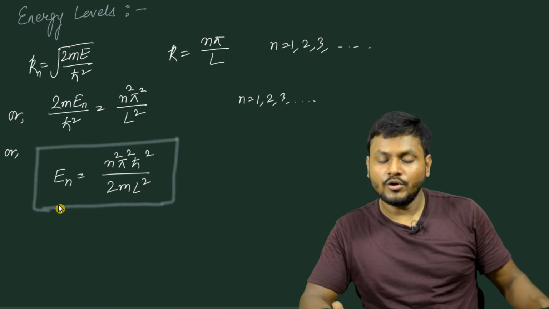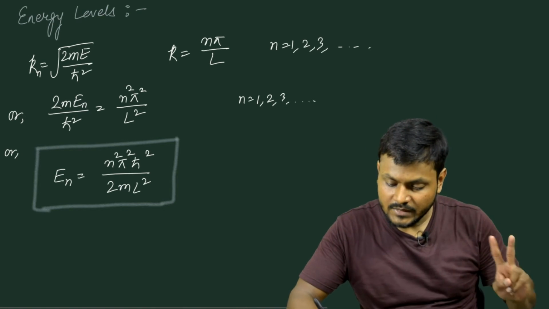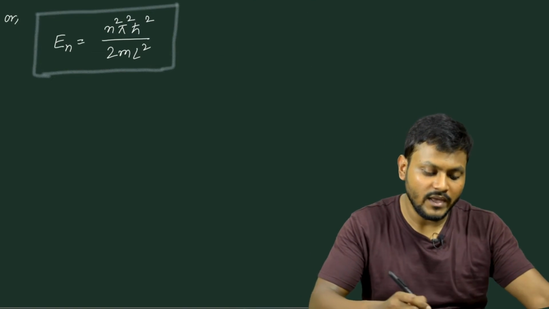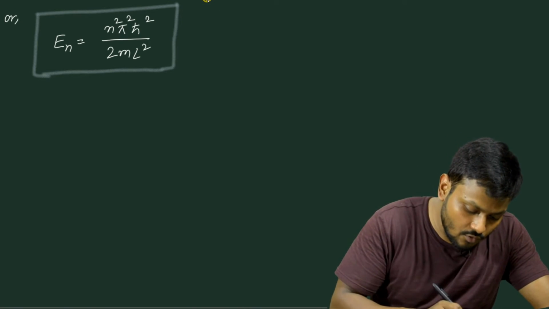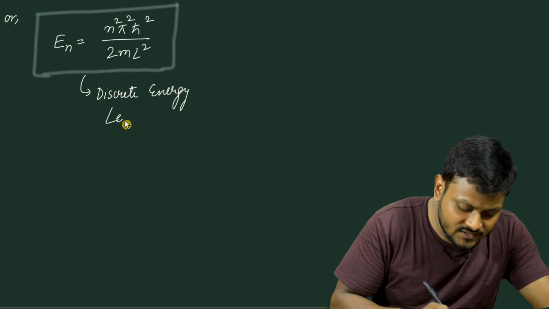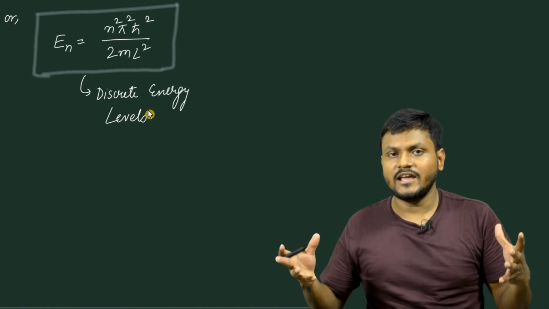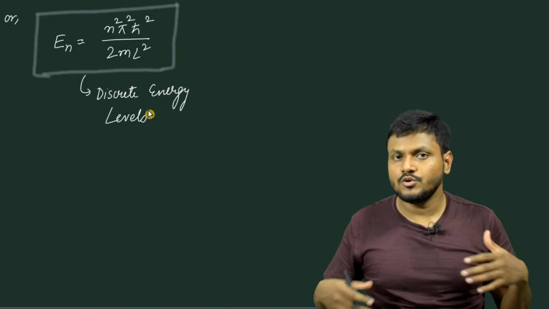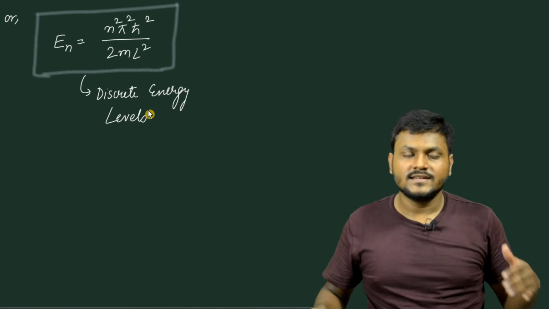Now it is very important to note, first of all, there are many points here. The first point that I want to make is that this corresponds to discrete energy levels. Now what are discrete energy levels? In normal day-to-day life, a particle can have any value. There is no restriction on the values of energies that a particle can have.